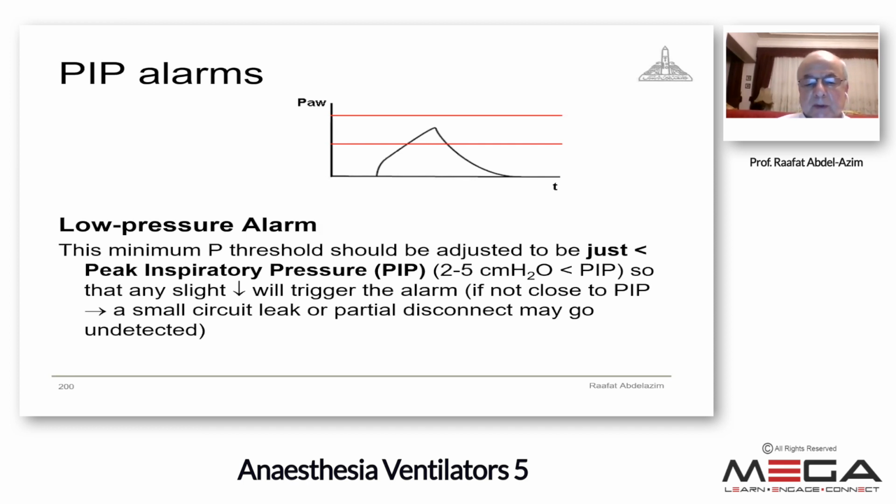Examples of small leaks or partial disconnection: if ventilating a patient undergoing microlaryngeal surgery, with a small sized tube, for example, 4 or 4.5, if the tube comes out of the trachea and is in the oropharynx, and it is still connected to the Y-piece and the circuit and the ventilator, the positive pressure ventilation will give a positive wave, even if the tube is not in the trachea.